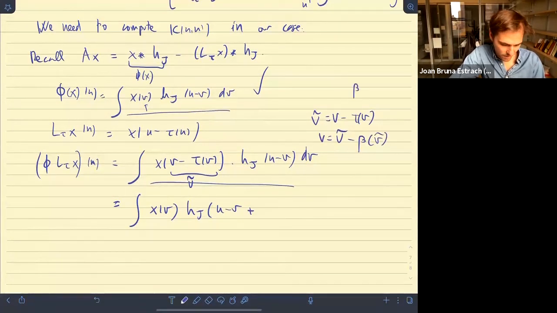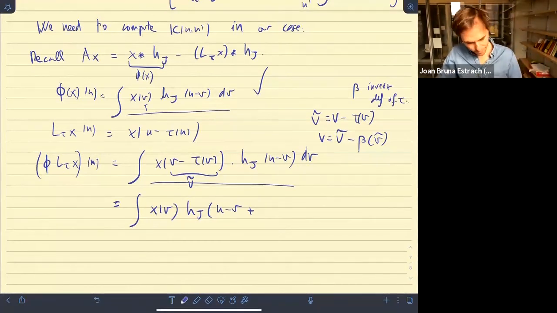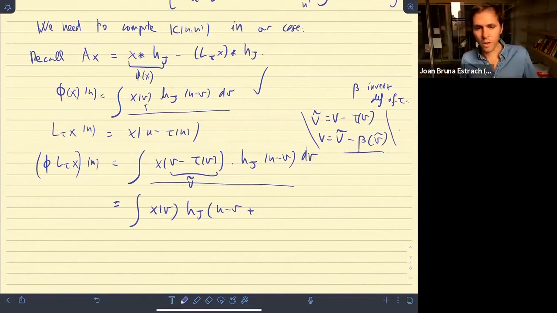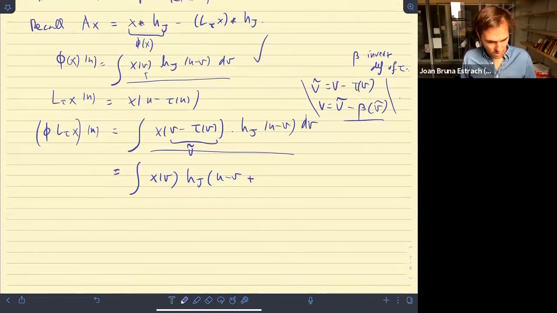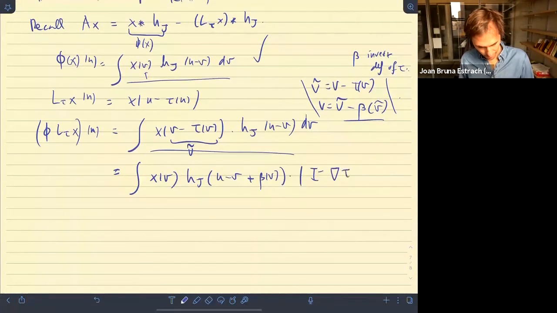For b tilde is kind of the inverse deformation of tau. And I know that I can always do that. So this now becomes beta of b times the determinant of the Jacobian of the change of variables, which is now b tilde.